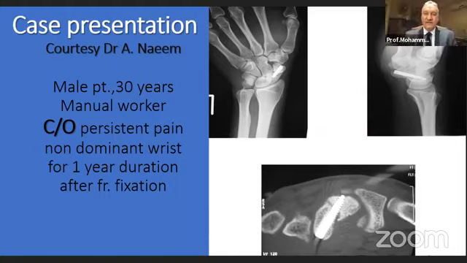This is what I was telling Dr. Amr about. You have to reduce the fracture anatomically in order to get good union, but your technique is also extremely important. When you look at the lateral X-ray here, you can see that the obliquity of the screw is not really anatomical.